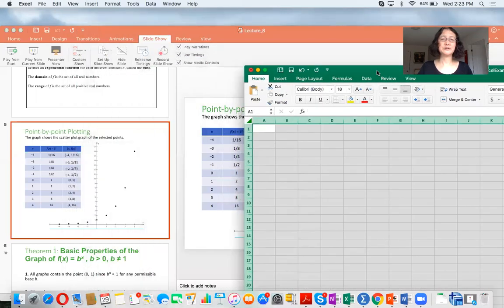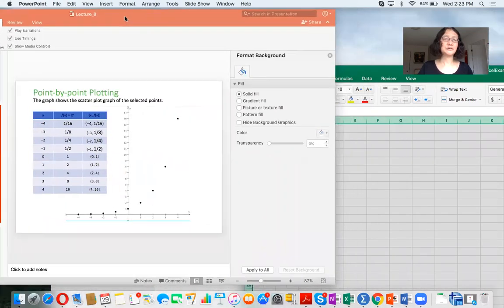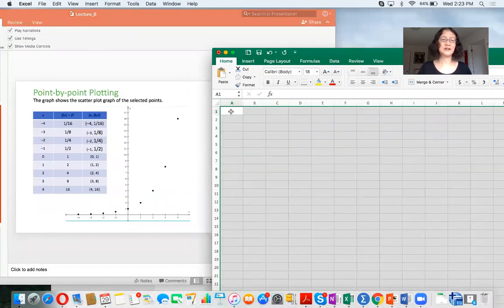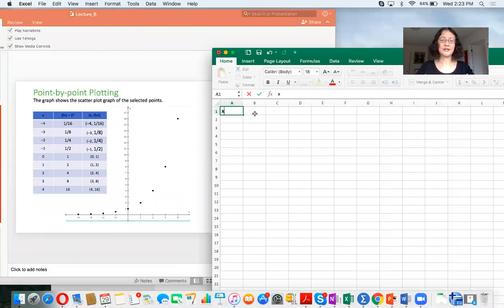What we are going to do is construct an exponential graph. So you have x, you have y. x is -4, -3, and so on through 0, and then 1, 2, 3, 4.